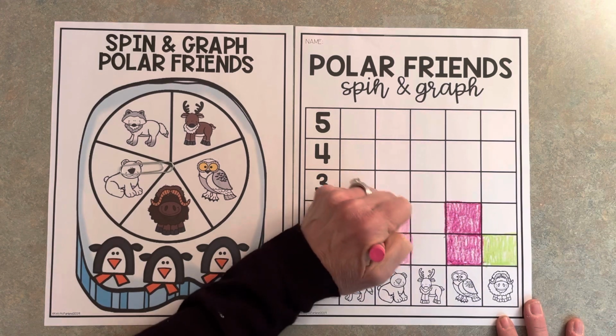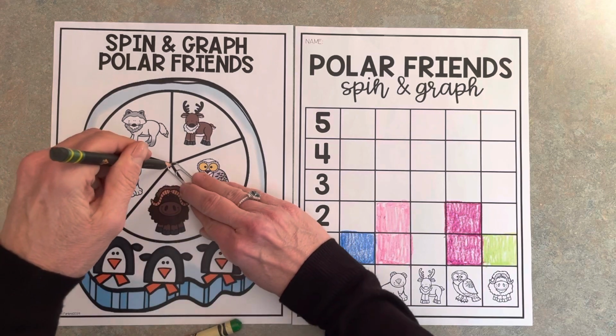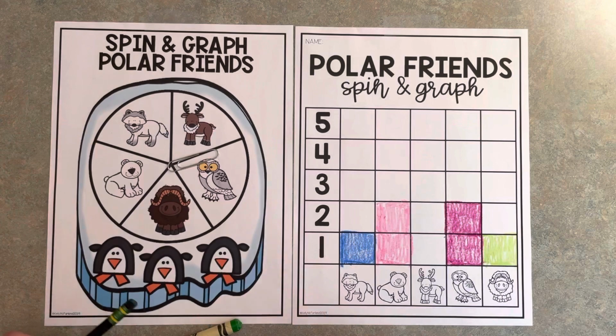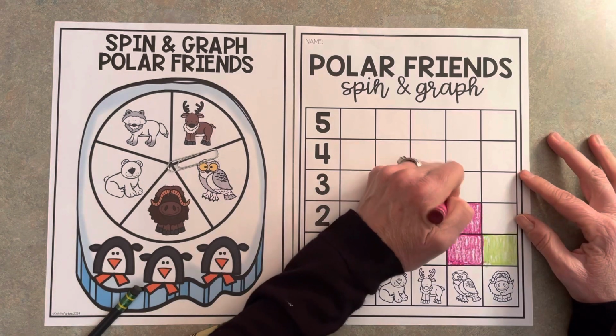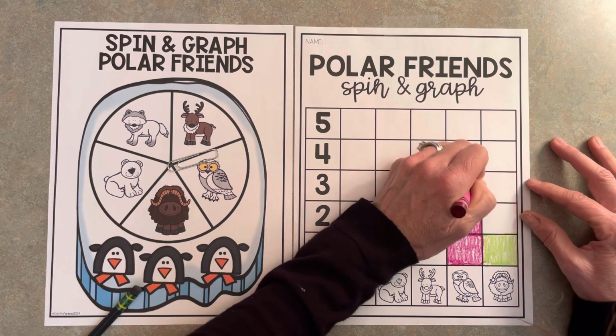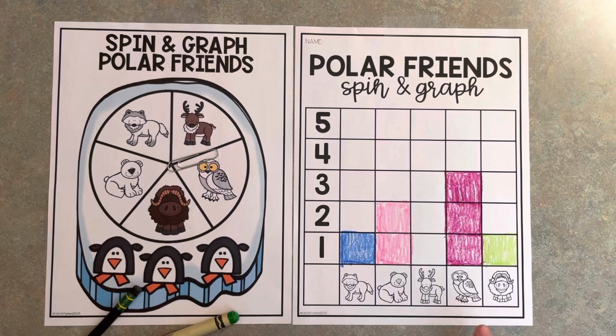Oh boy, this is a close race. Now the snowy owl's taking the lead. So now, when I look at my graph, I have 1 for the elk, 1 for the snowy owl, 0 for the deer. I have 2 for the polar bear and 1 for the fox.